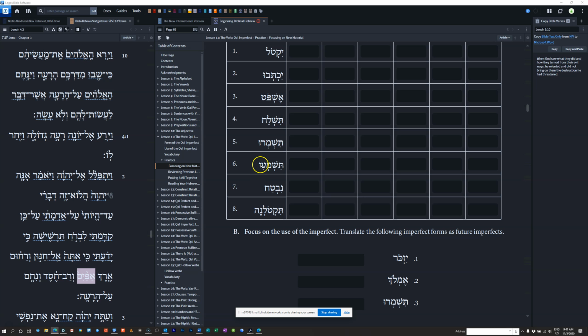A hireq yod suffix is a singular suffix. That goes with the 2FS. I don't even need to look at what we've got in the prefix, because a hireq yod suffix as part of a conjugation so far is only going to work in one place, and that is the suffix of the Qal imperfect 2FS.